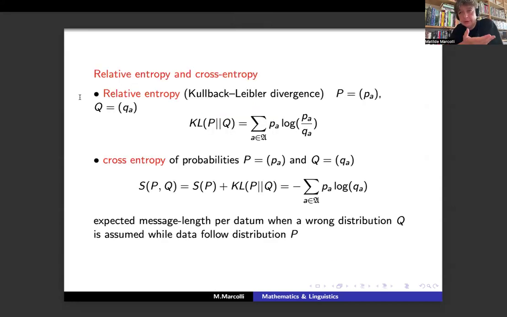And you have other measurements that keep track of information. For example, you can compare probability distributions with the Kullback-Leibler divergence, which is basically measuring, if you have events that are drawn according to one probability distribution, but you are trying to model them with a different one, what is the gap of information between these two?